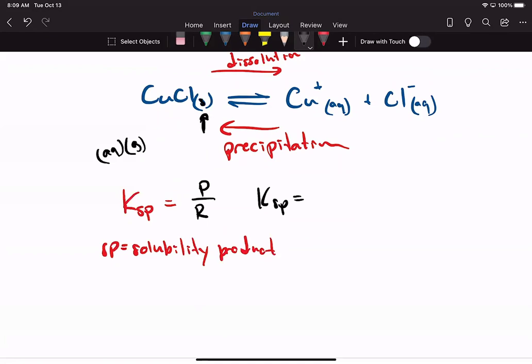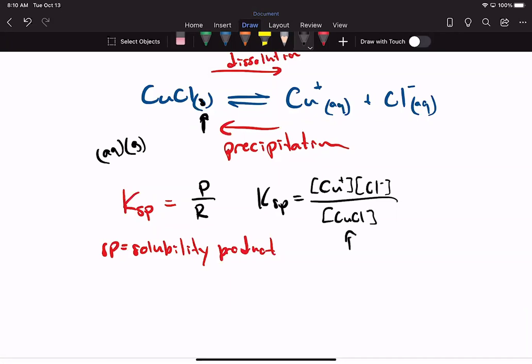So if I write the whole thing, products over reactants, we're going to have the concentration of copper times the concentration of chloride over the concentration of copper chloride.